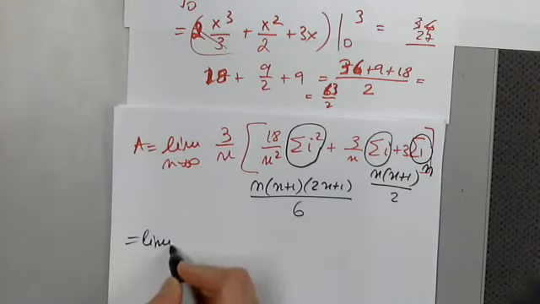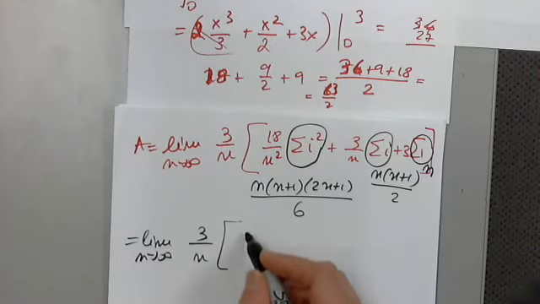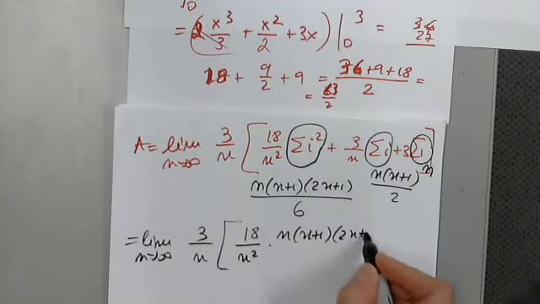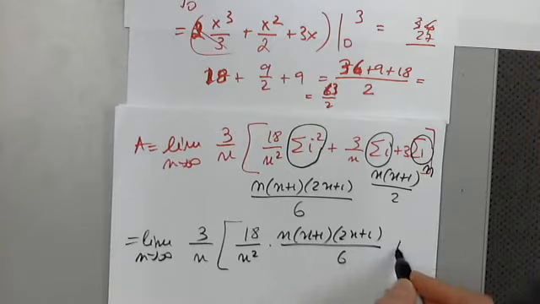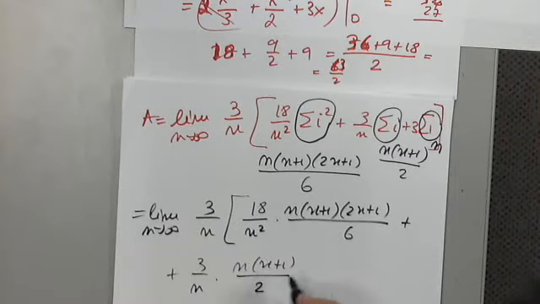So this is limit n approaches infinity, 3 over n. So 18 over n squared times n plus 1, 2n plus 1 over 6, plus 3 over n times n plus 1 divided by 2, plus 3n.